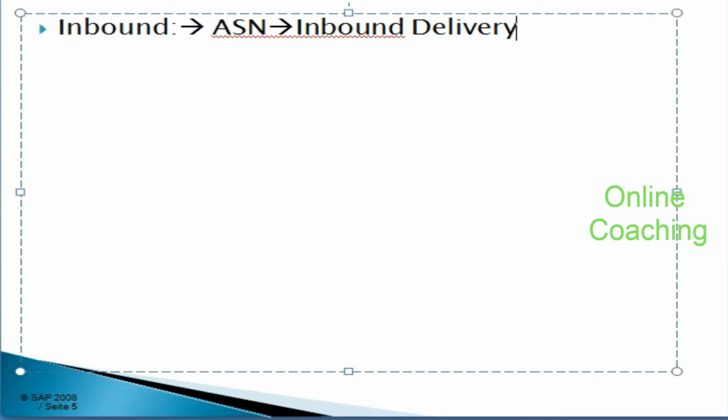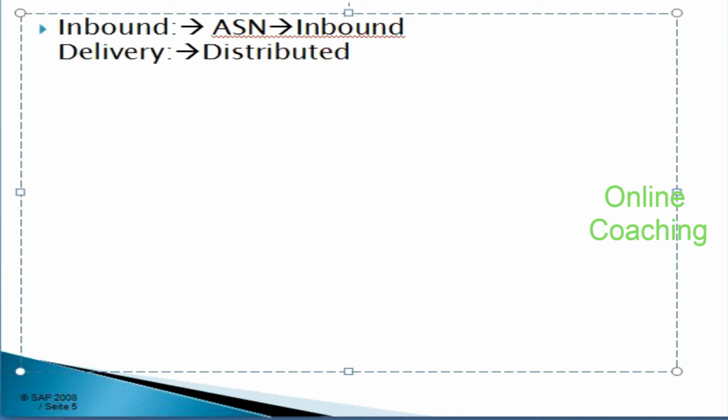If this inbound delivery is created in ERP, and the corresponding plant storage location combination points to a warehouse and is relevant for EWM, then this inbound delivery will be distributed to EWM. Is it clear now? What is the starting point to EWM?